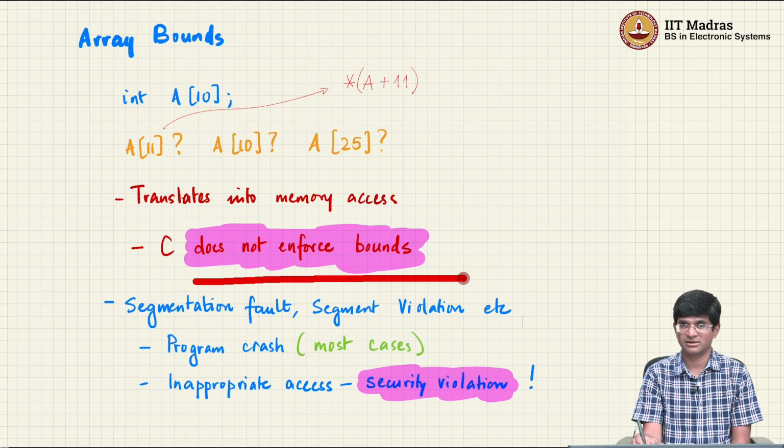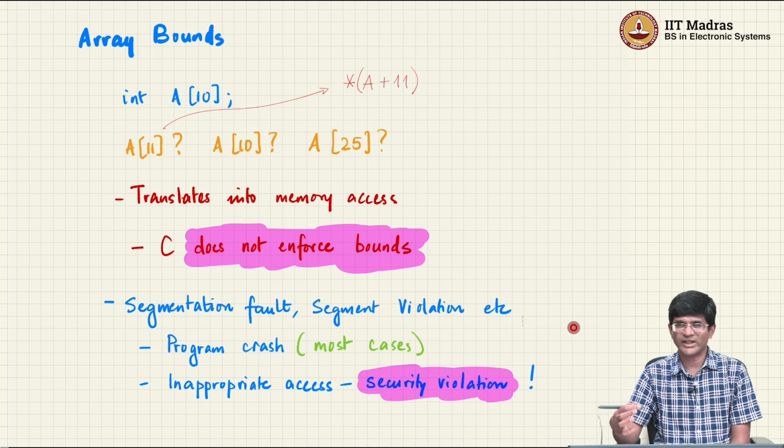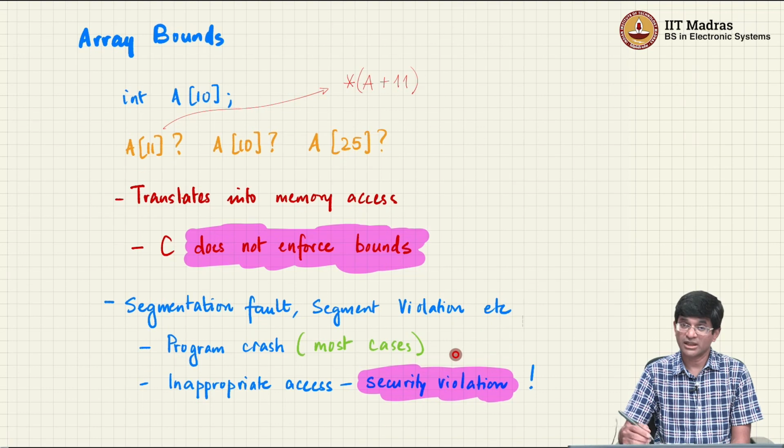It does not check whether you are accessing something inside or outside what you are permitted to, or whether an array is being used in order to access something that is actually part of what it was declared to contain. Now, there are some very specific scenarios in which that can actually even be useful, but in most cases this is bad news, and it leads to a number of the bigger problems with C.